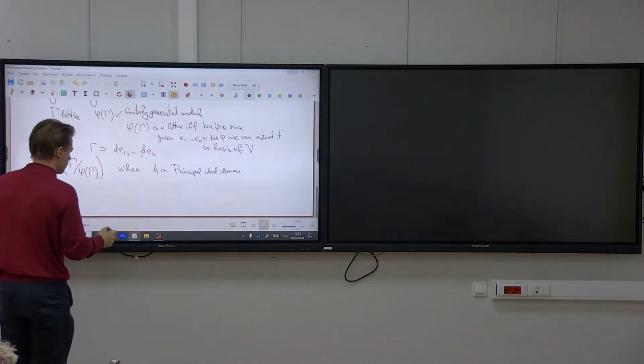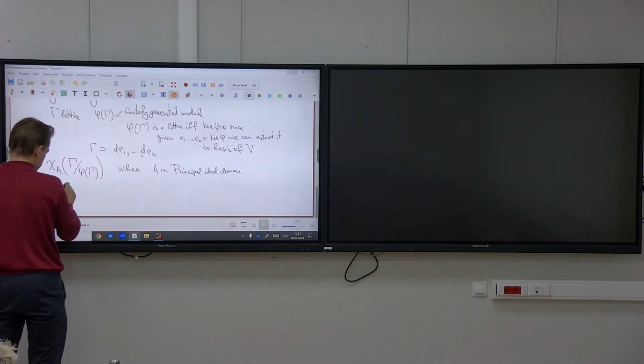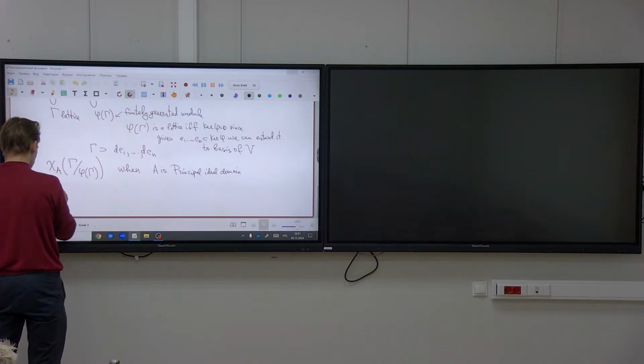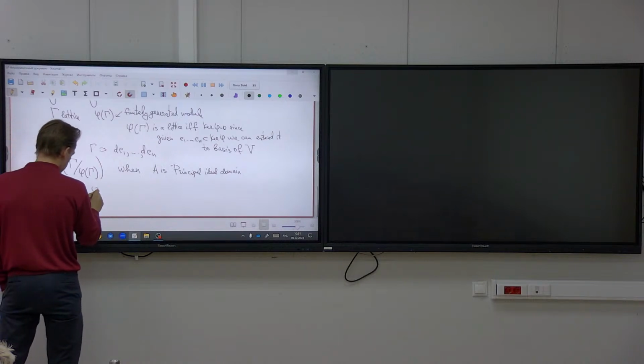As usual, we can diagonalize the matrix. So gamma can be taken to the standard basis, so just A^n. So here phi gamma can be diagonalized.